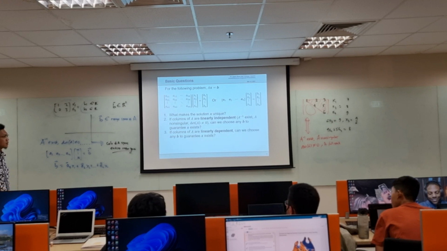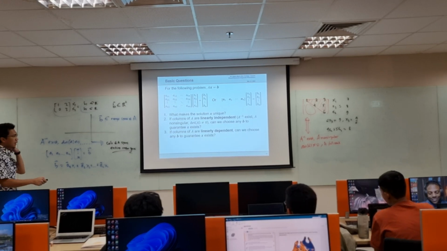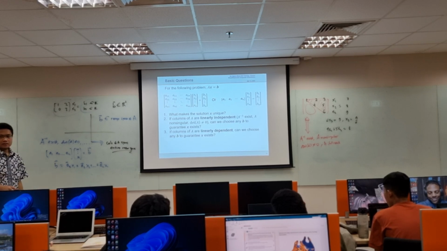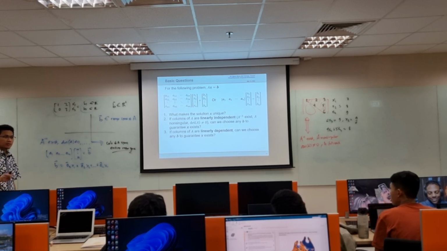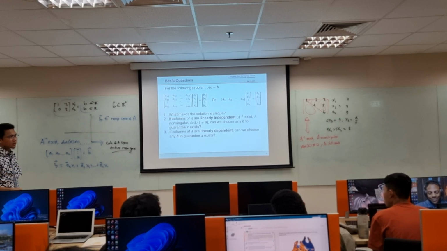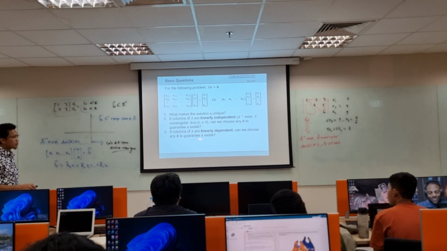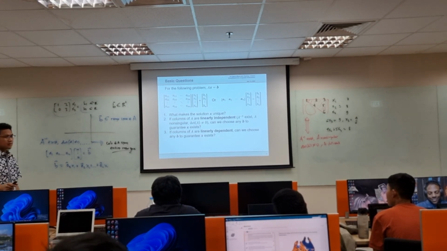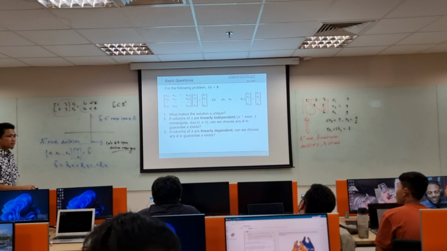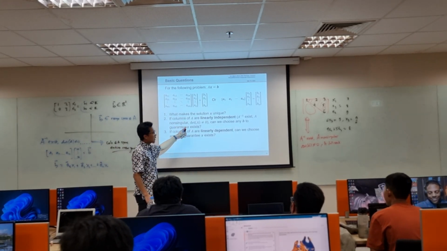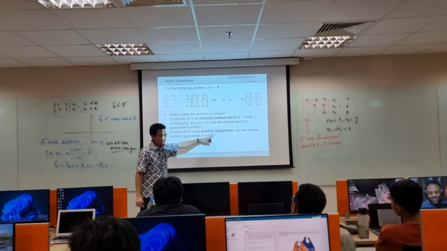My next question: let's say the columns of A are linearly dependent. Linearly dependent means determinant of A is 0, A is singular, and A inverse does not exist. Can we choose any B to guarantee X exists? It is a different situation. Here linearly independent, this one linearly dependent.